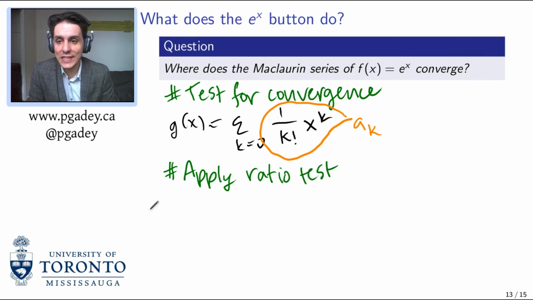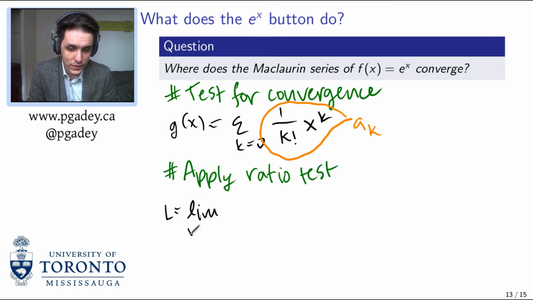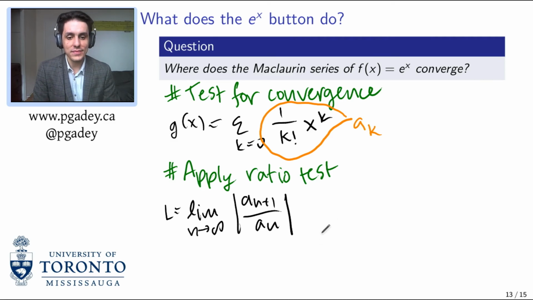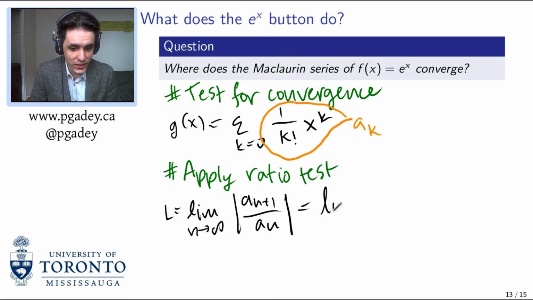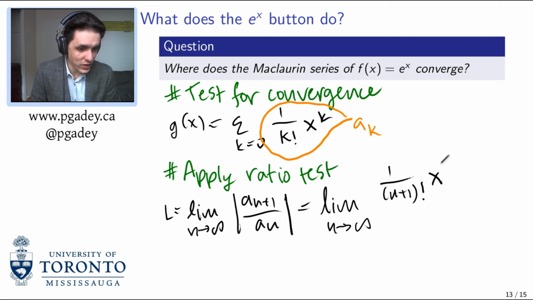So what do we need to calculate? We need to calculate the limit as n goes to infinity of a_(n+1) over a_n. In this case, this looks like 1 over (n+1) factorial times x to the n+1, divided by 1 over n factorial times x to the n.